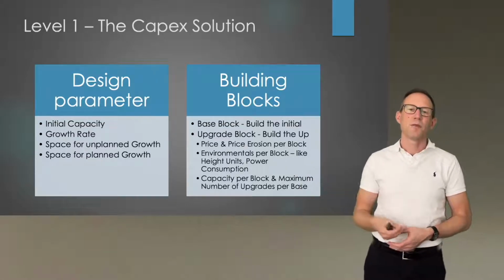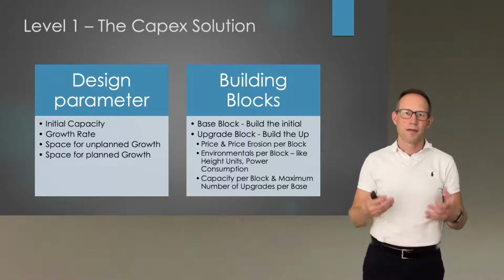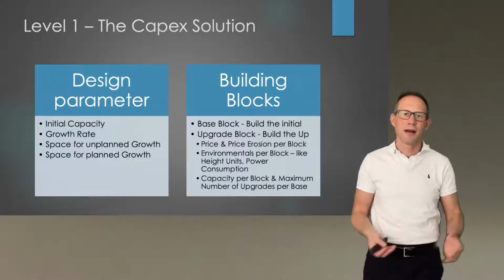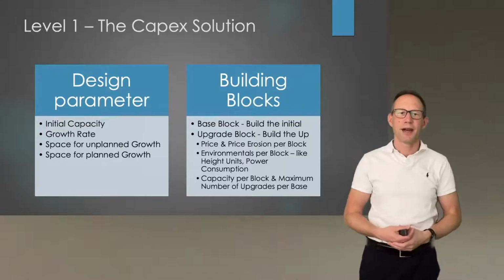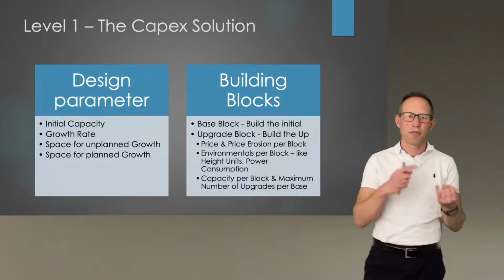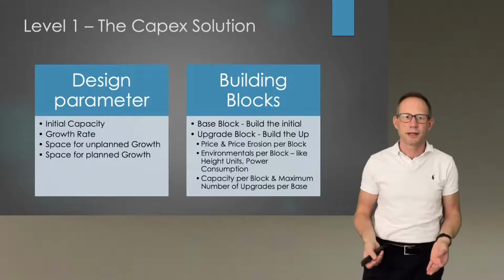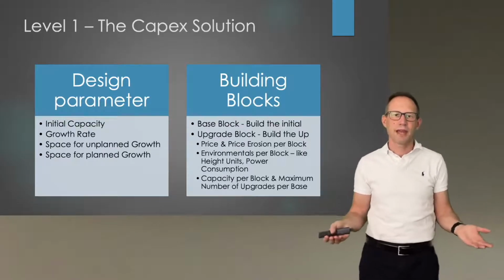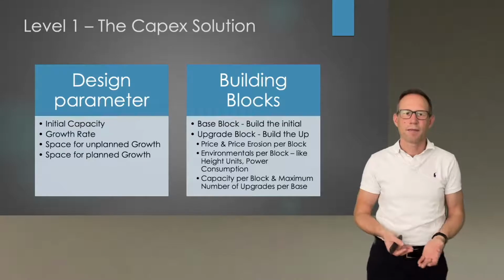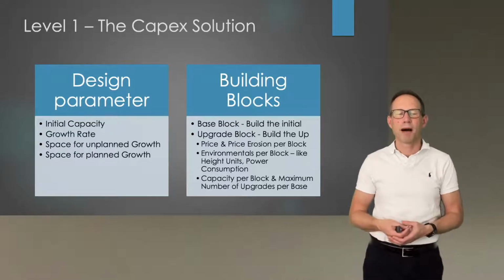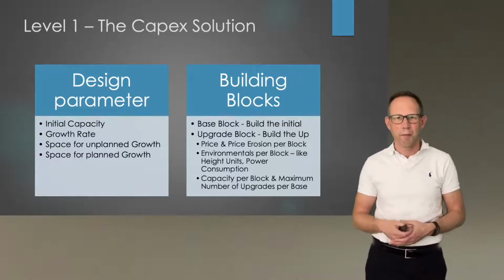On the other side, we need our building blocks: the base building block, like the initial part of a machine, plus the upgrades we are adding on top. We need the price and the price erosion per building block, the environmentals, like the space they consume and the power, the capacity they are delivering, and the number of upgrades we can do on one base.